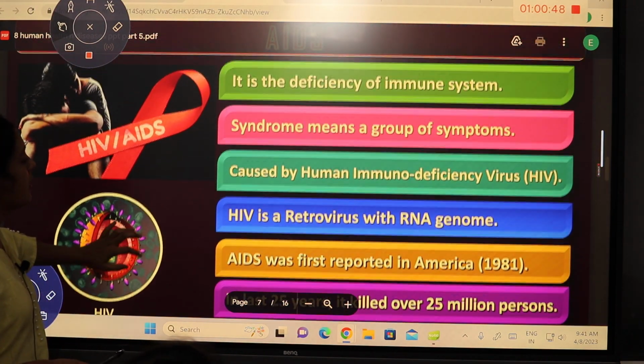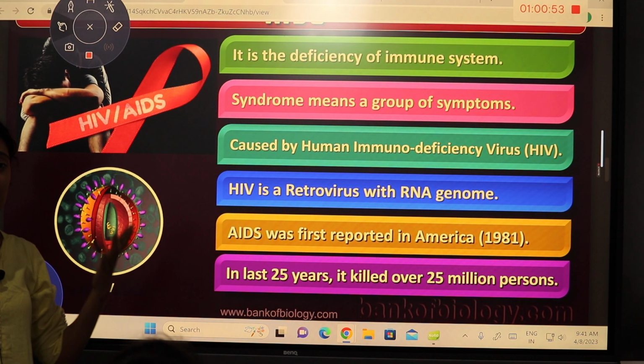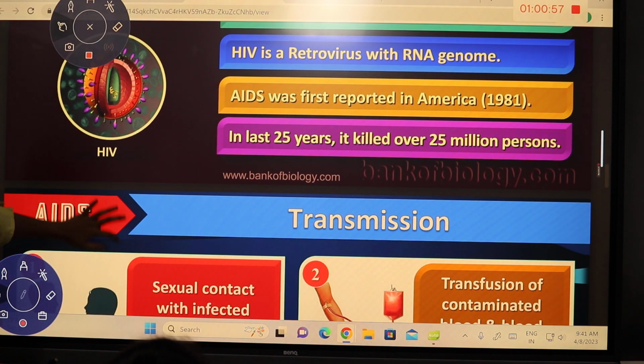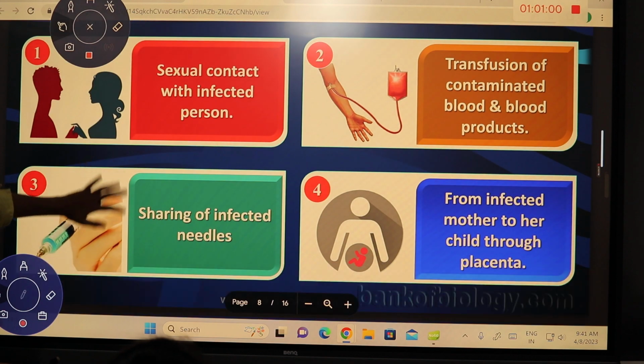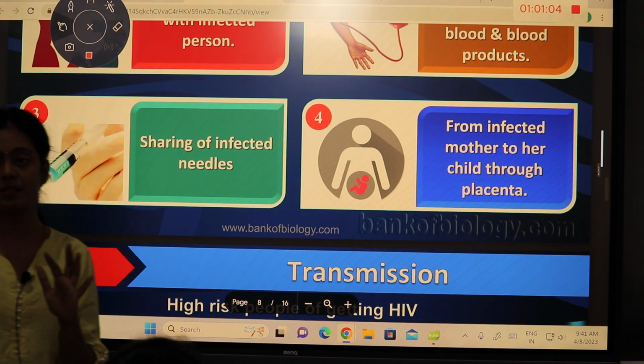It was reported in 1981. It's a very recent disease when compared to other diseases. It has killed over 25 million persons. It can also move from an infected mother to the fetus.